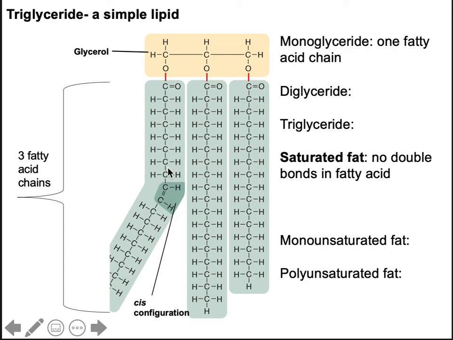Now, because of this double bond, you get this kink or bending in the tail, which now means it doesn't lay flat against the other two chains, and now it's taking up more space. This is why your oils like olive oil, vegetable oil are liquid at room temperature.